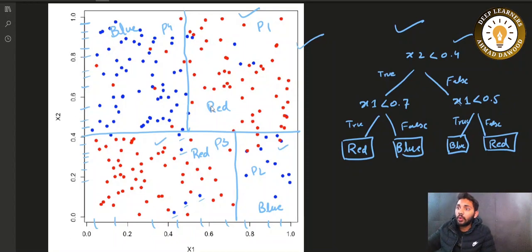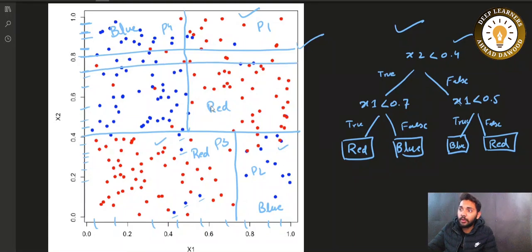In technical terms, we calculate the homogeneity, or you can say heterogeneity. At each point we calculate: if I separate from this point, what will be the homogeneity of the upper partition and the bottom partition?